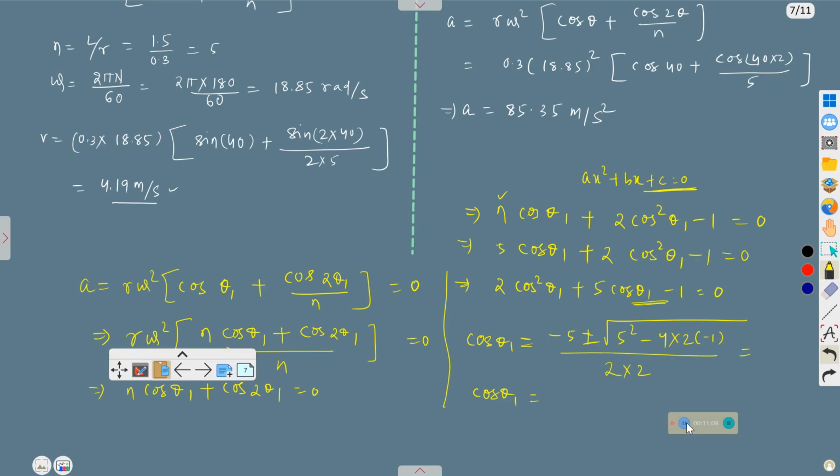From here we get two values of theta 1. So directly I'm writing, theta 1 is 79.27 degrees, or 280.73 degrees. Okay, so at both these angles we will have zero acceleration of the piston.